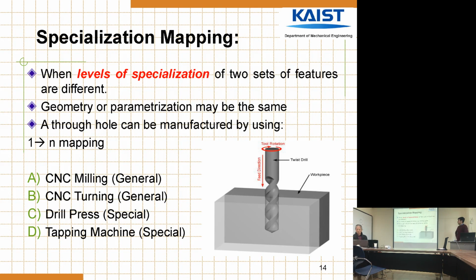So the amount of information required by these systems to identify a designed hole feature will be different. So it means that one hole feature from one design system can go to all these 4 and maybe more systems. So it is kind of one-to-many mapping.